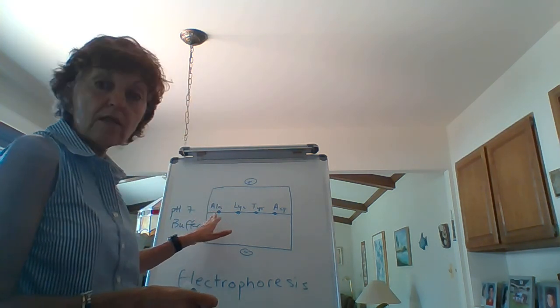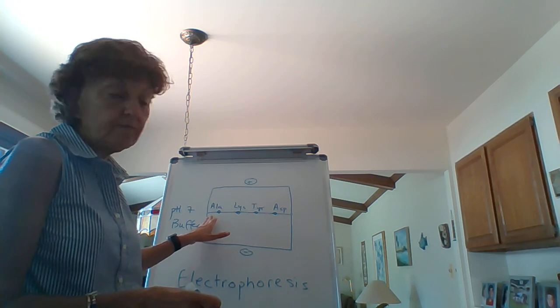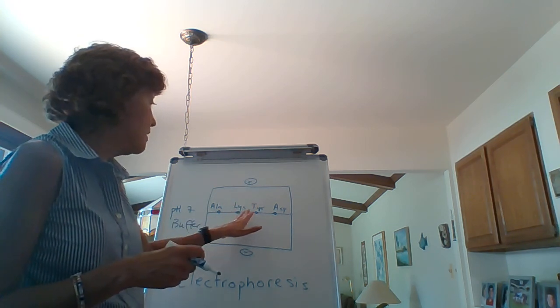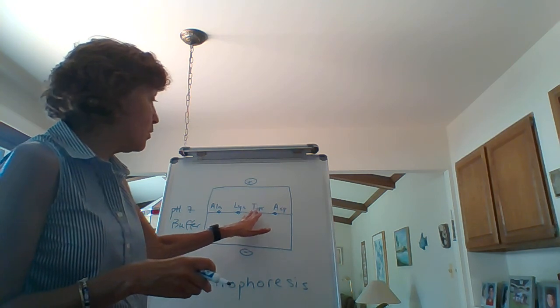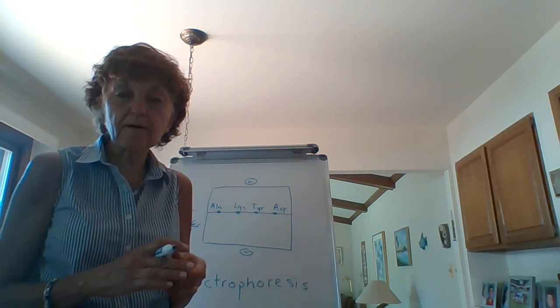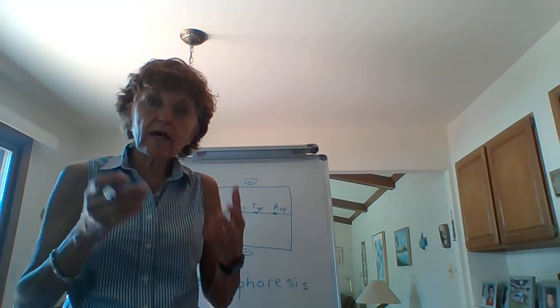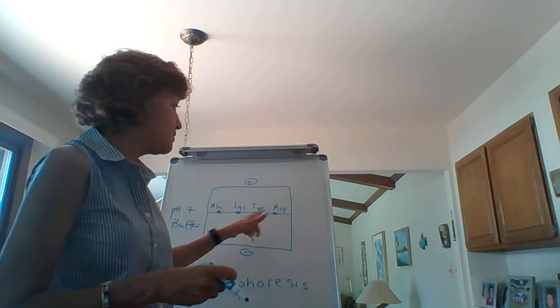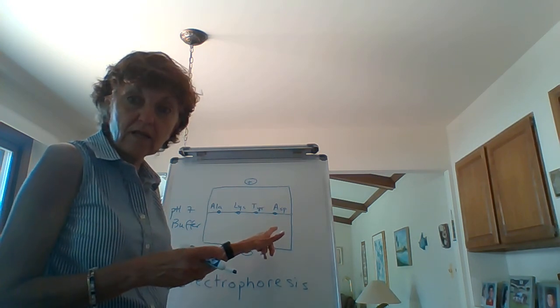Alanine is in the nonpolar side chain. Lysine is basic polar. Tyrosine is polar neutral. And aspartic is polar acidic. If you look at the side chains, aspartic acid at a pH of 7 is going to be negative.